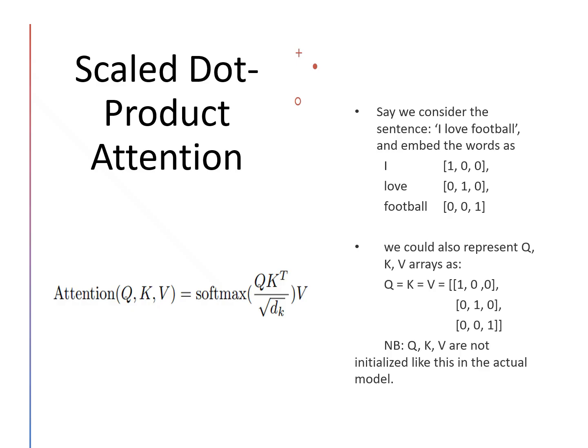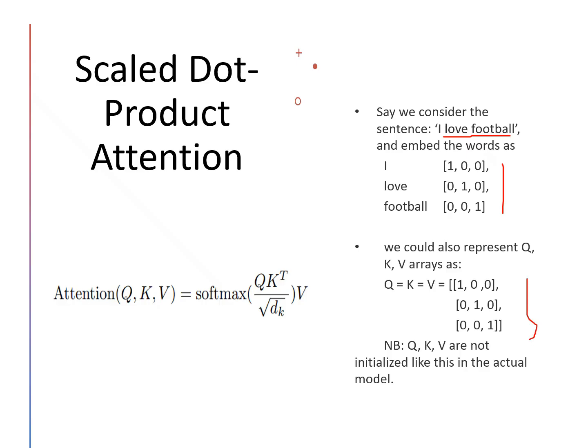And we're going to go a little bit in depth into what this means, but before that, just want to say that if we take, for example, a sentence that says I love football, then just for the purpose of understanding, we could encode the words I, love, and football like this: 100, 010, and 001, and we could initialize our Q, K, and V matrices as this.